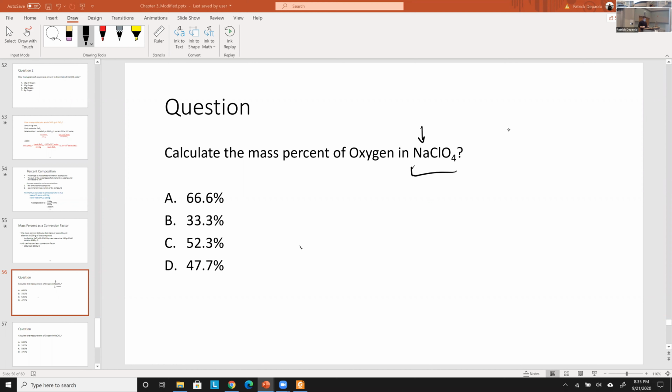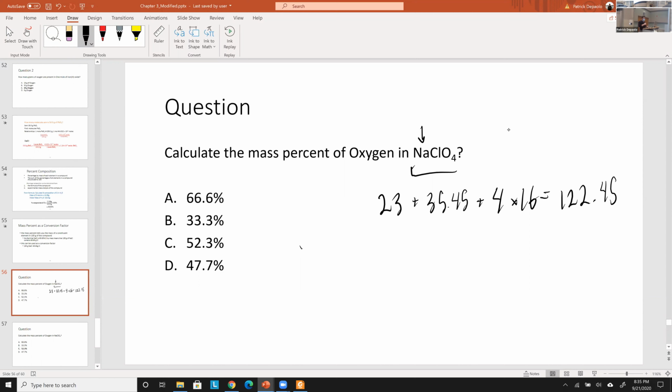So in the sodium perchlorate, we need to figure out the total molar mass. Sodium is 23, chlorine is 35.45, and oxygen would be 4 times 16. So 4 times 16 is 64, plus 23, plus 35.45, and you get 122.45.